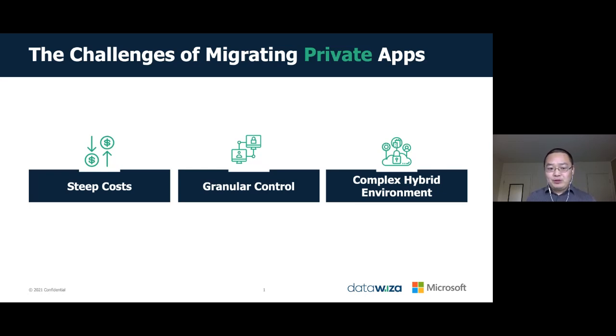For example, you can use our product called Datawiza Access Broker, which is a proxy sitting in front of your application, but it can also be put in front of your APIs. So we will validate the access token, enforce the access policies, and do other things needed to secure your APIs. Yeah. Okay. Thank you.